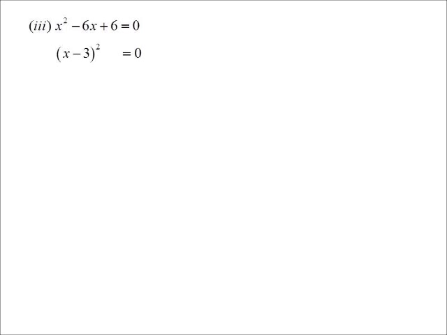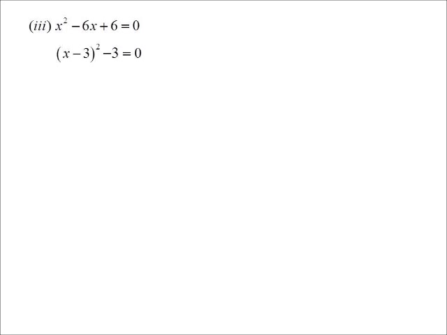However, if I was to expand that out, I wouldn't get plus 6. I would get 9. So, in order to get 9 to 6, I have to subtract 3. But what I now have is the difference of 2 squares. Yes, it will involve a surd.